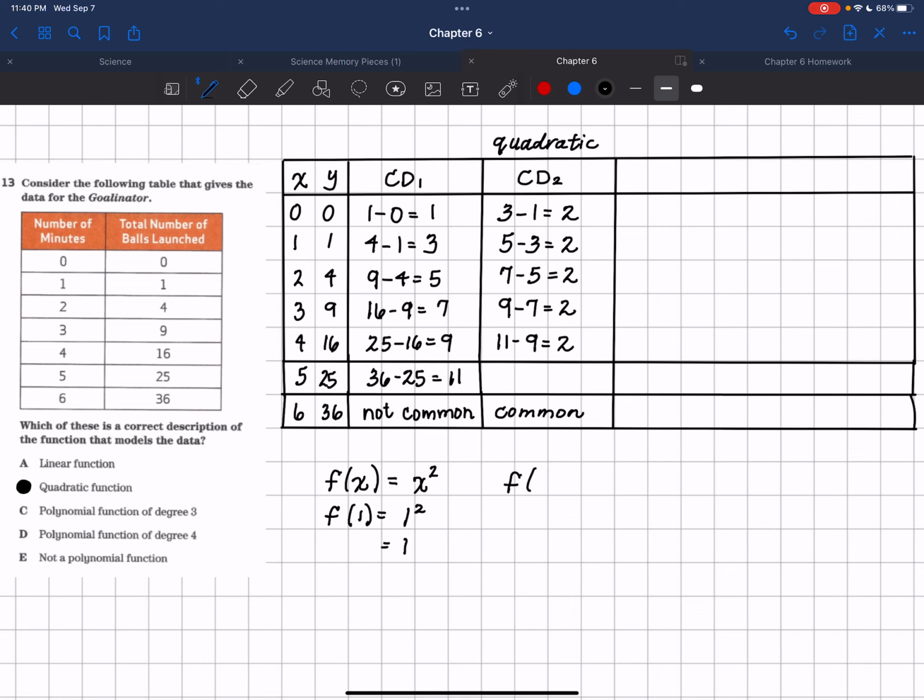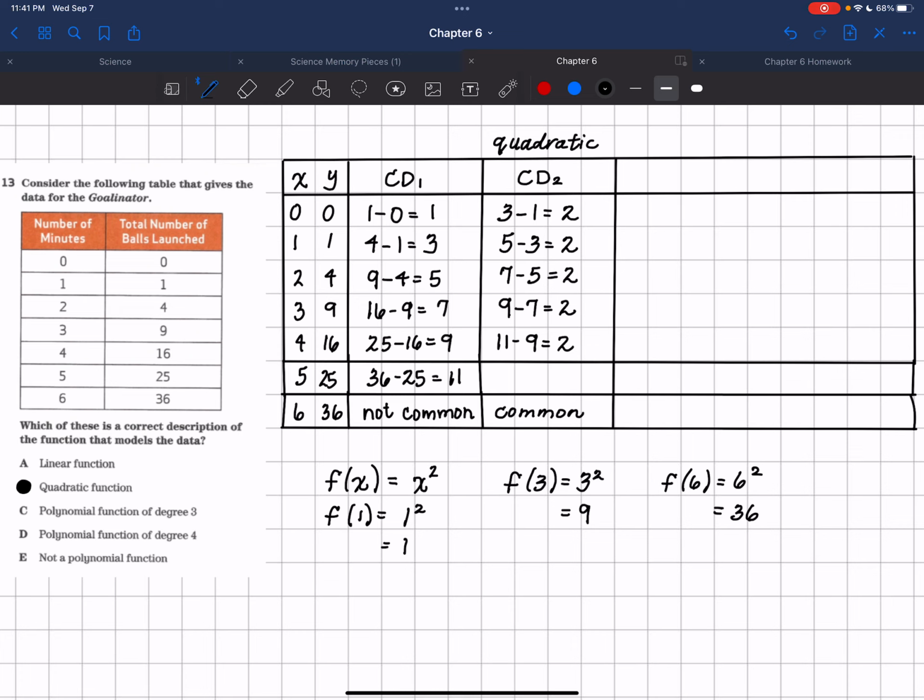If I put in a 3 for x, I'm going to get 3 squared, which is 9. If I put in a 6 for x, I'm going to get 6 squared, which is 36. So this one is quadratic, and I like that one.